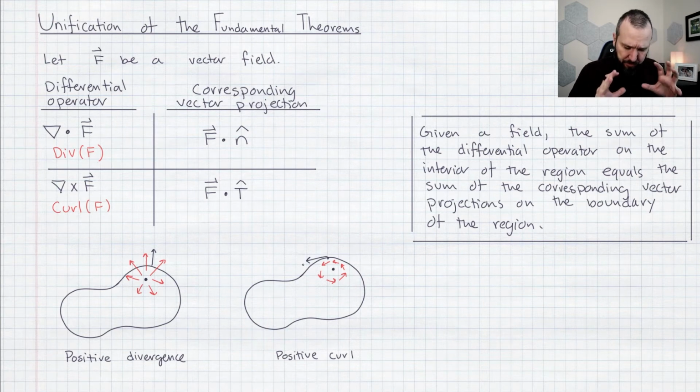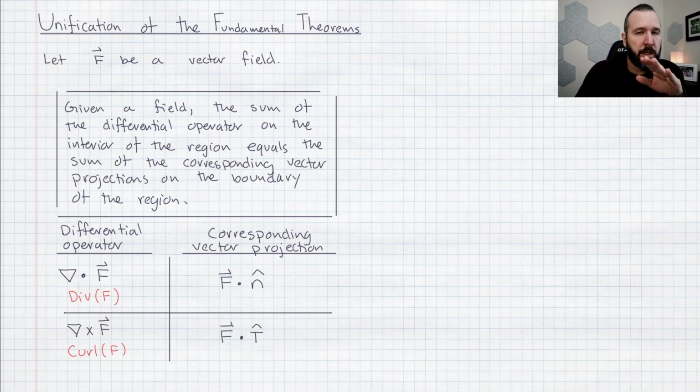So it really helps me to imagine that divergence is what would cause the vector field to flux across the boundary. And if you had positive curl, that spinning at this point right there, if you had a particle on the boundary, that spinning would do some work to push the particle around the boundary.